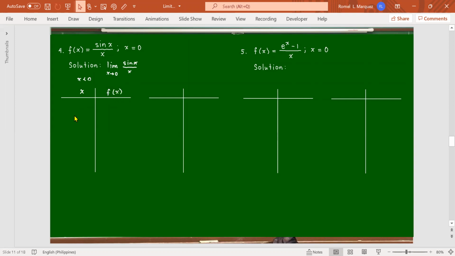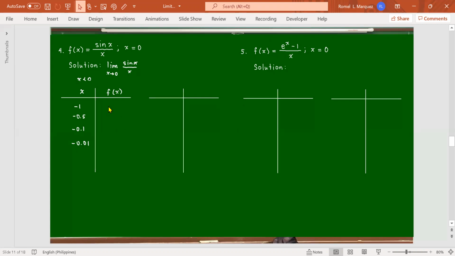Assigning values to x, let's start with negative 1. Then negative 0.5. Negative 0.1. Negative 0.01. Well, let's have these 4 values.